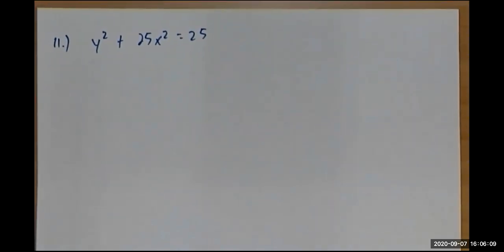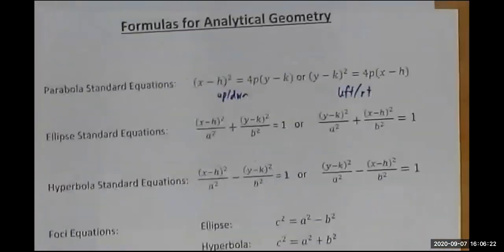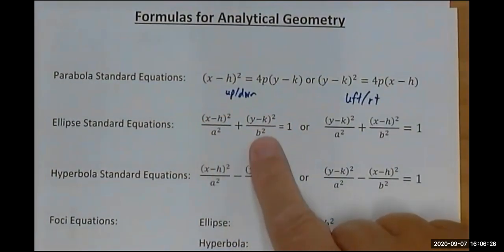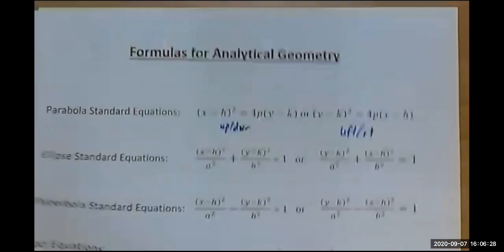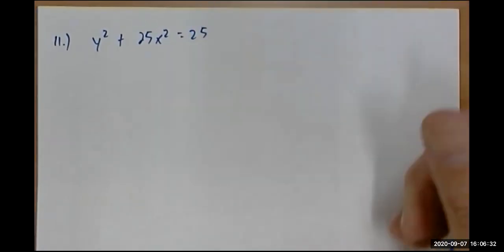So here is really our first problem we've done, maybe, where they've given us an equation that is not in standard form. Remember, standard form for an ellipse means one side is always equal to 1, and you might have some denominators here. Right now, this side is equal to 25.